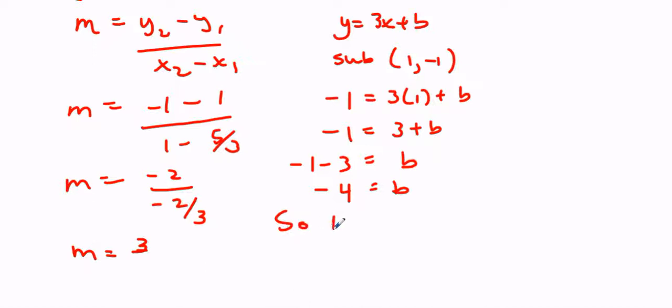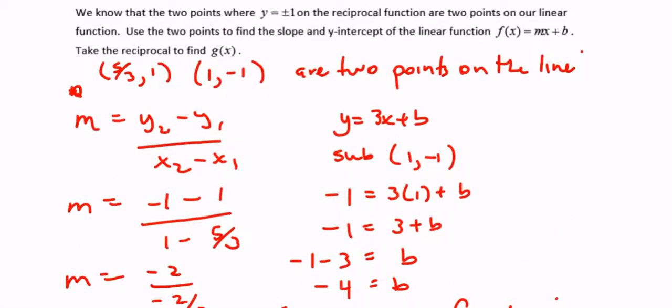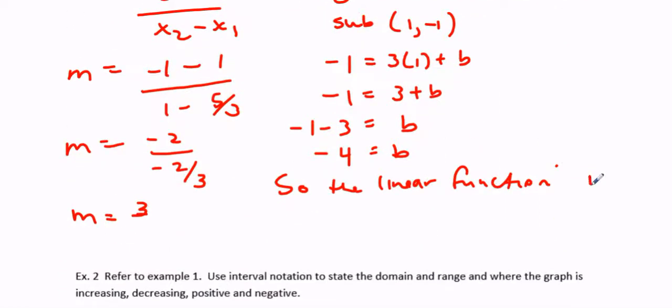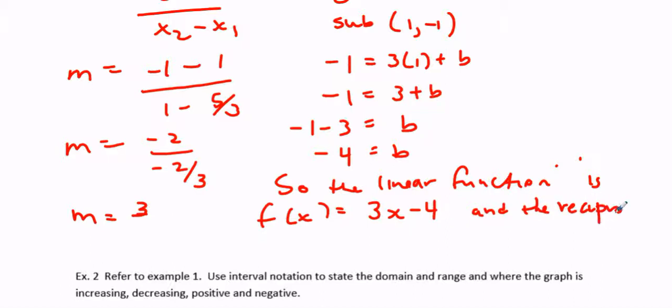So the linear function, let's see what we called. I think we called, take the reciprocal to find g of x, so we're going to say f of x equals 3x minus 4, and the reciprocal function is 1 over 3x minus 4.